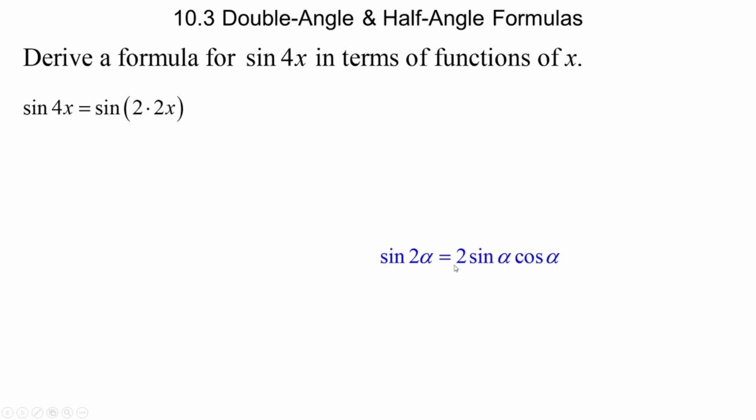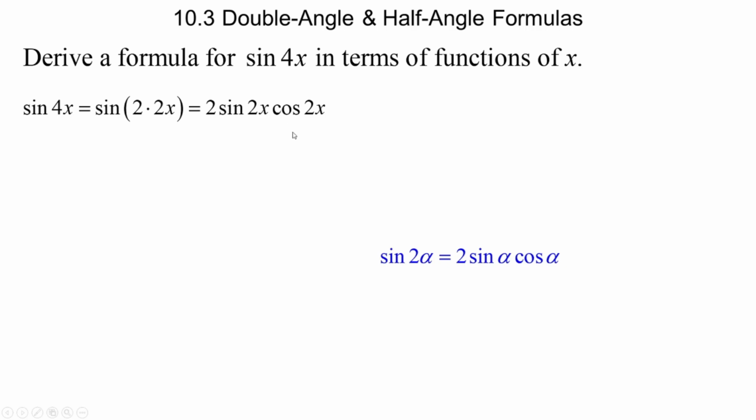There we go. And again, when I'm using these identities, I write them down every time. Equals. All right, so I need my factor of 2 out front. And then in this situation, my alpha is actually 2x. So I'm going to go 2 times sine of alpha becomes 2 times sine of 2x. And then cosine of alpha will become cosine of 2x.